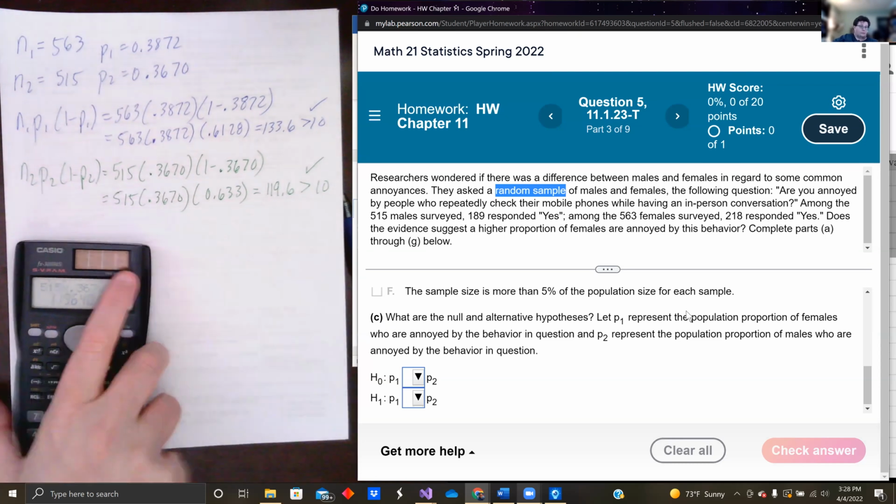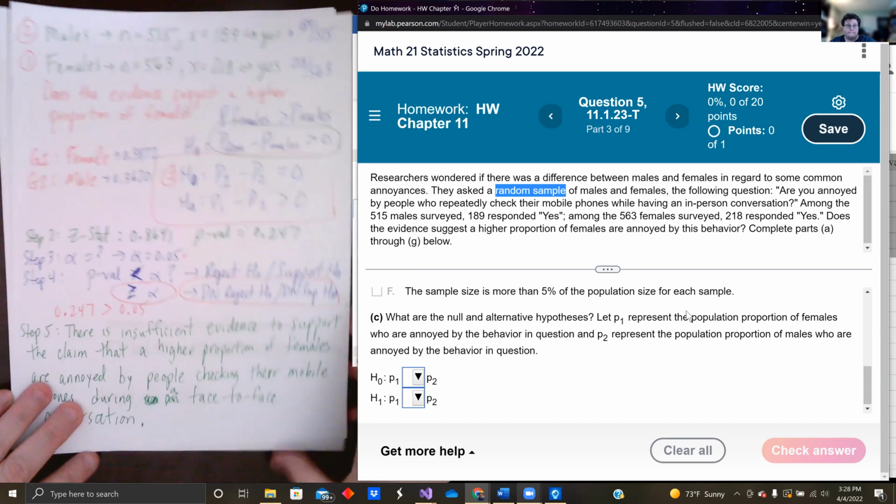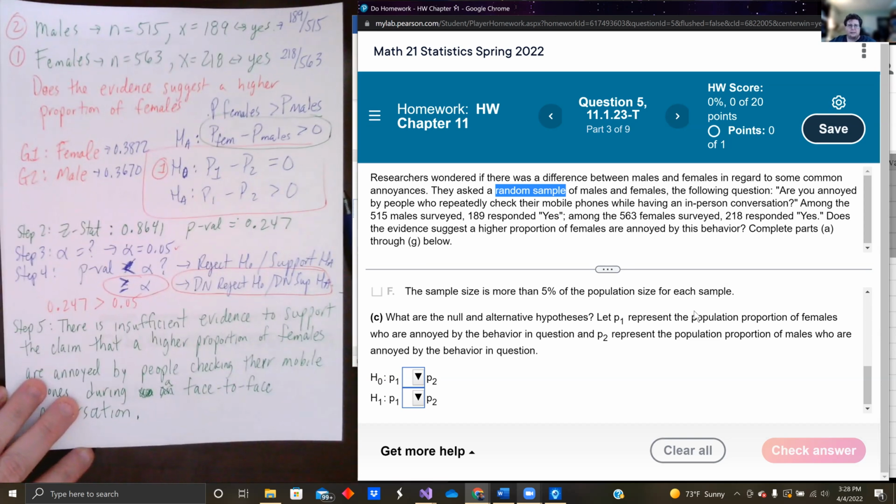Oh, good. Now they're back to the hypothesis, so I'm going to come back and put that back up there. And oh, good, they chose p1 to be females also. What are the null and alternative hypotheses? Let p1 represent the population proportion of females.